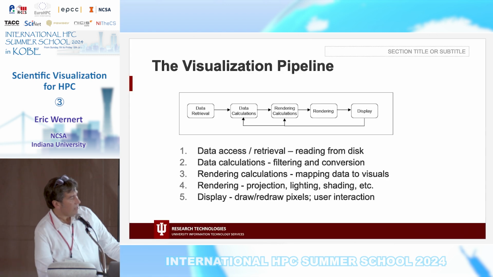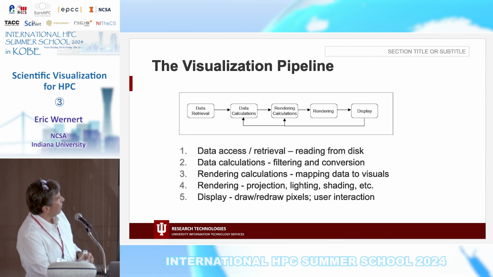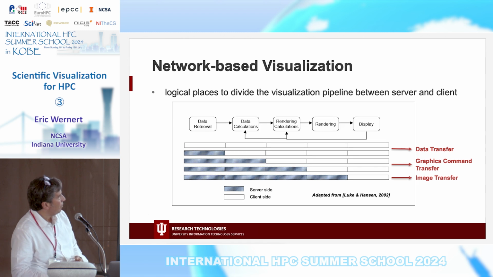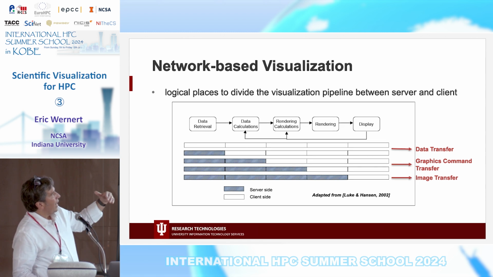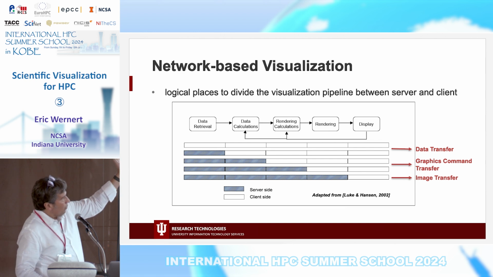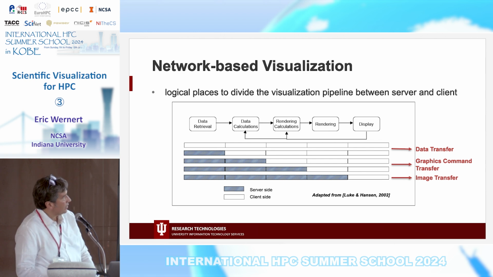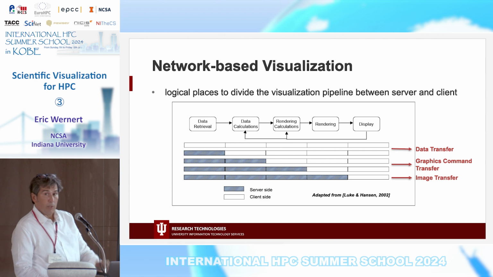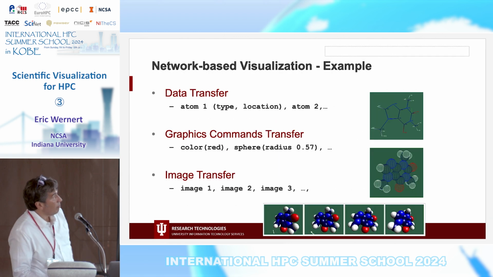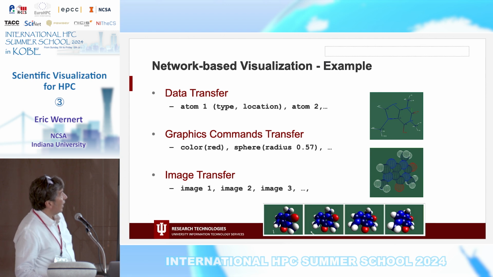So distributed visualization, this is an image from way back, but we can think of this pipeline, and anytime we can cut that pipeline between a server and a client side, that dictates what sorts of things we need to transfer between the server and our client machine. So it might look like this if we're doing molecular visualization.